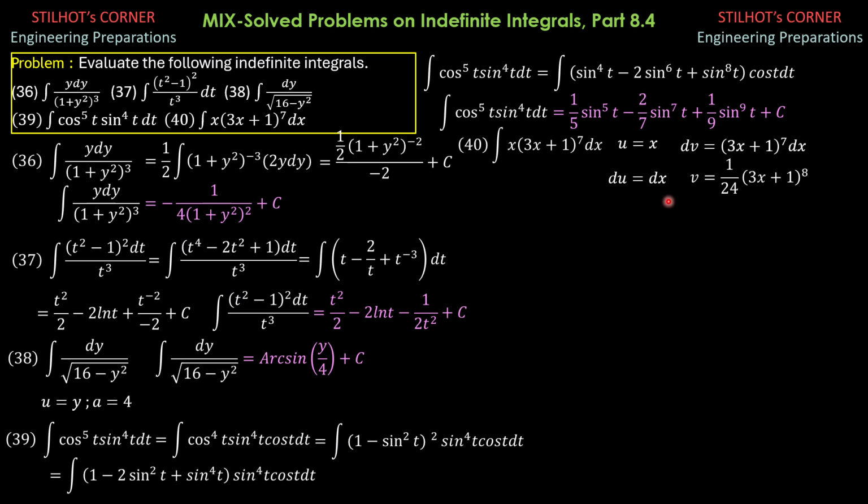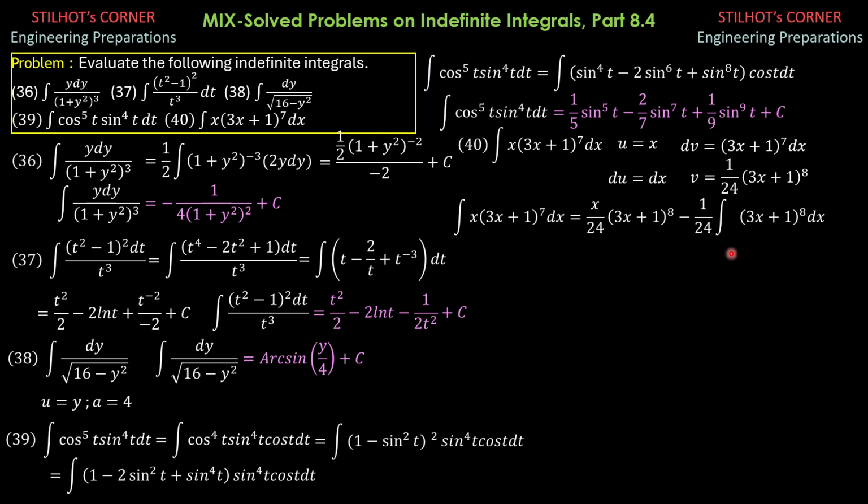Because this is integration by parts, uv, so integral of x quantity 3x plus 1 to the 7 dx becomes x over 24 quantity 3x plus 1 to the 8, then minus integral of v du, so minus 1 over 24 integral of quantity 3x plus 1 to the 8 dx. And the integral of 3x plus 1 to the 8 is, again, there is 1/3 here.